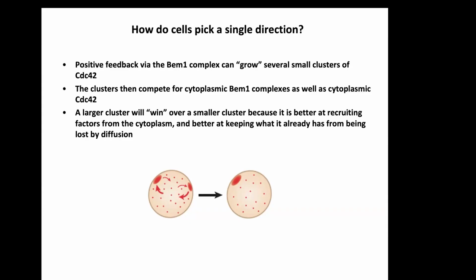The clusters then compete for cytoplasmic complexes as well as Cdc42, and a larger cluster will win in principle. Even with the negative feedback, it's always the case that the competition ends up with one winner. The dynamics are a bit more complicated. A larger cluster will win over a smaller cluster because it's better at recruiting factors and retaining them from the cytoplasm.